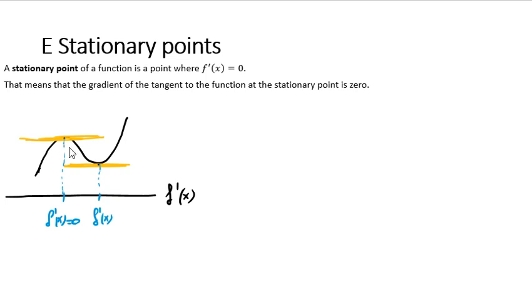And we can clearly see that this one here is a maximum and that this one is a minimum. So this one is called a maximum turning point. And this one is called the minimum turning point.